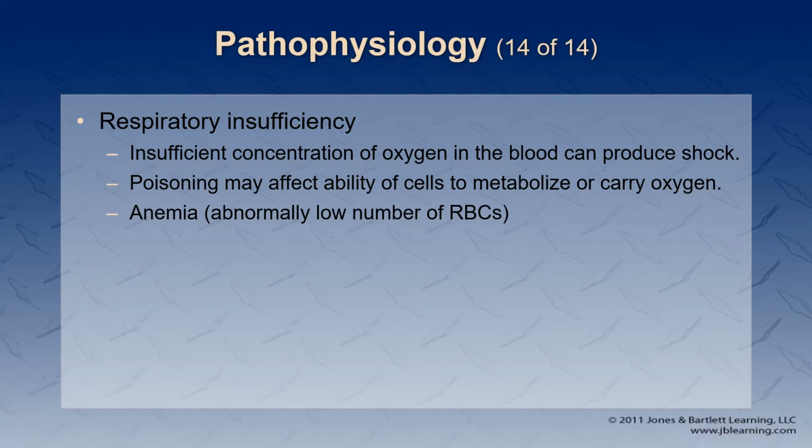But it is worth noting that you can have good pump function, you can have good container function, and still end up initiating that shock cascade that culminates in multi-organ dysfunction secondary to a respiratory insufficiency, right? You can cycle all the blood you want, but if you're not able to get oxygen from the lungs into the blood, there's no point in any of it.